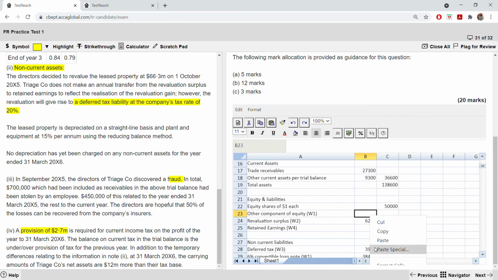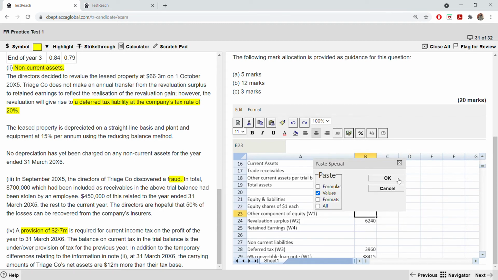Paste special, just the value. 2208. So what's next? We are only left with retained earnings now, and we are done with the rest, right?